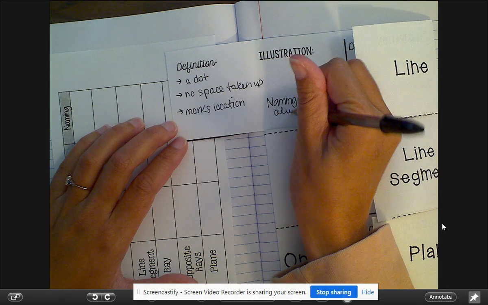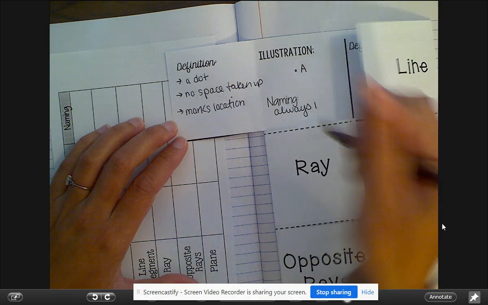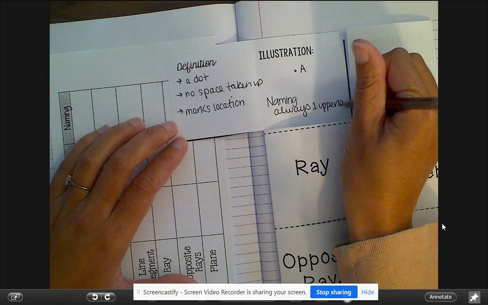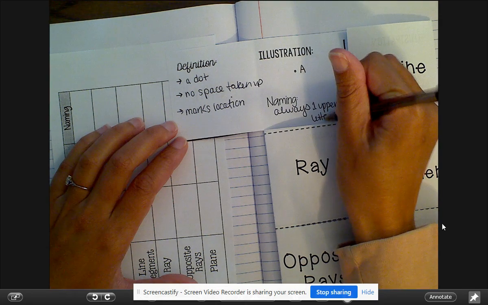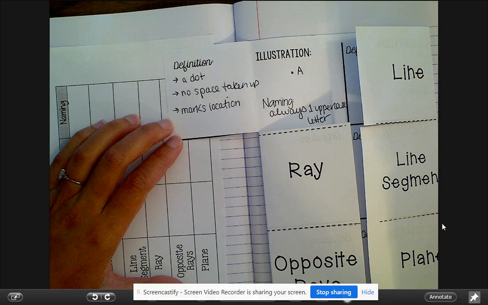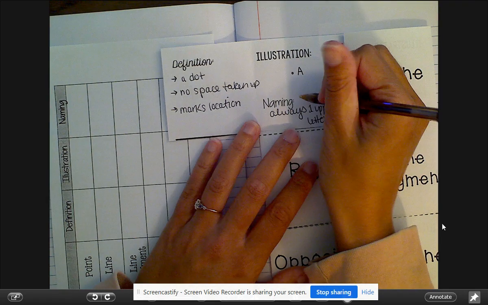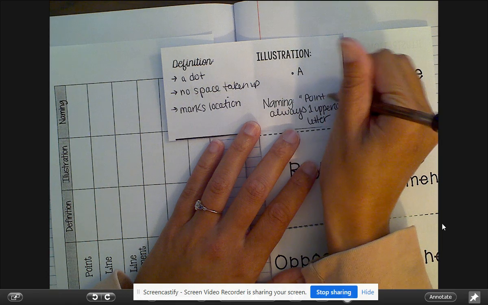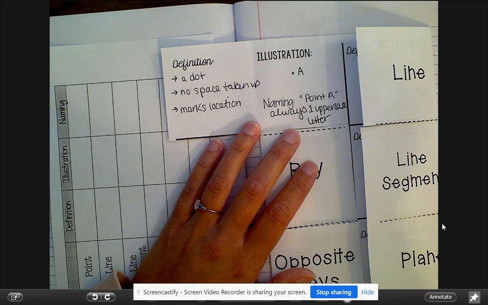So always one uppercase letter. Now, if I'm at a different location, then I might use a dot, but a different letter. So I might have location B or point B. So we can draw it like this. Also, we might write it as point A, like that sometimes.